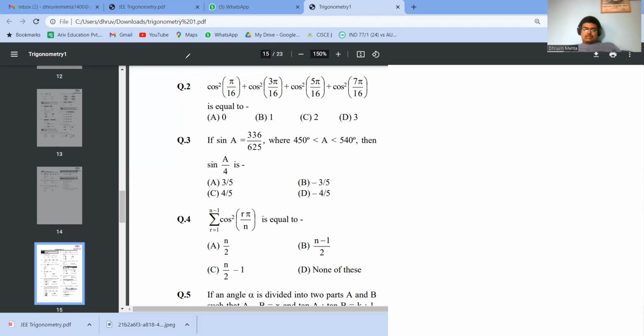Cos square 5 pi by 16 and cos square 7 pi by 16, we accept that. And how does that help if we take cos square pi by 16 with 7 pi by 16? We will use cos c plus cos d at some stage. The problem is Arush, squares are there too. So that's the first thing. What are you doing with the squares? Tell me that.